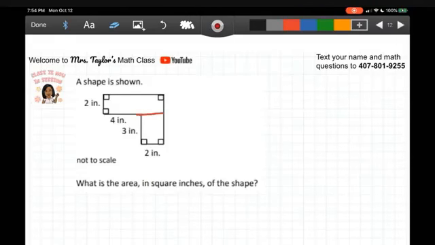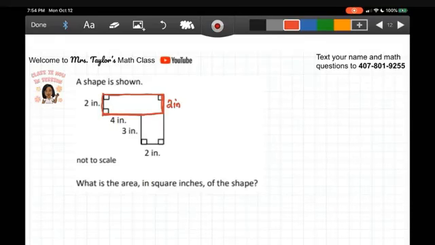So I know from top to bottom, and let me make this whole rectangle red. For the red rectangle, this is going to be 2 inches as well. And then from left to right, I know I have 4 plus the 2 inches here, so it's going to be 6 inches.